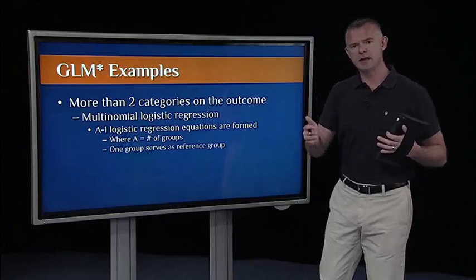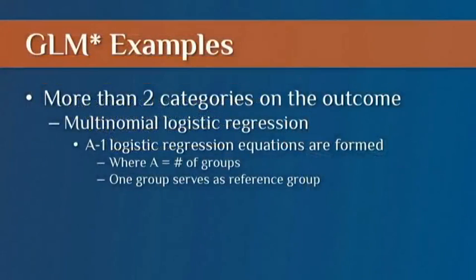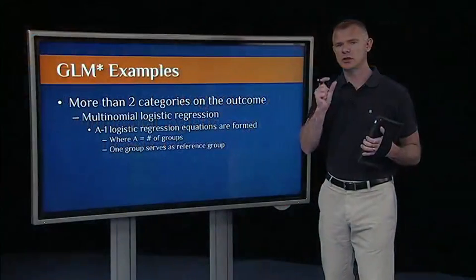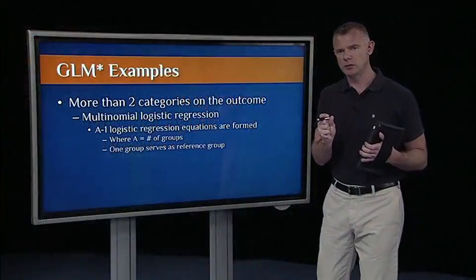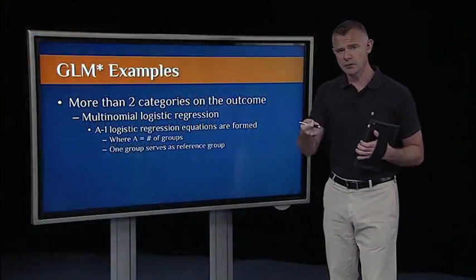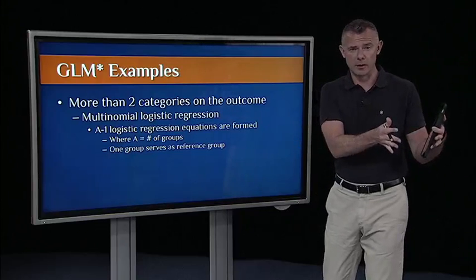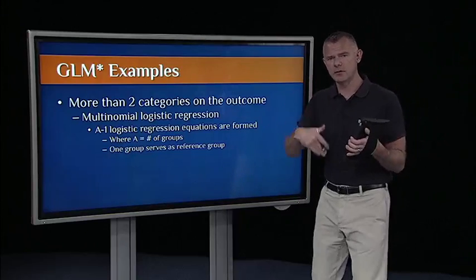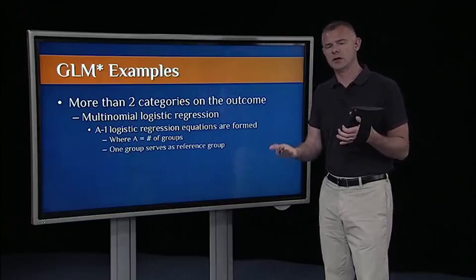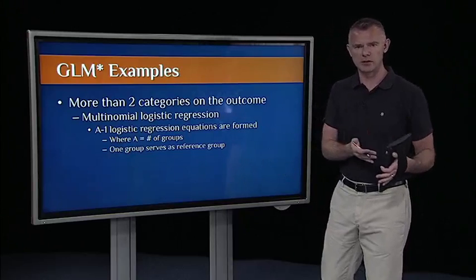So if you had 3 categories or 4 or more in your outcome variable, then that's just multinomial logistic regression. Again, it's still just the logit function that we would use as the link function, but you would need to create one group as the referent category and then create several logistic functions to compare each to that reference category.